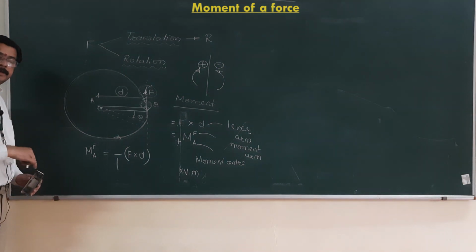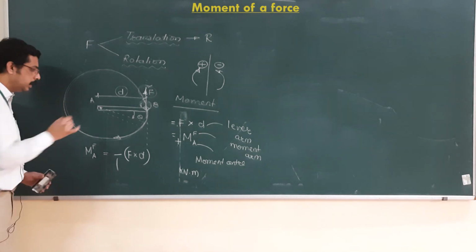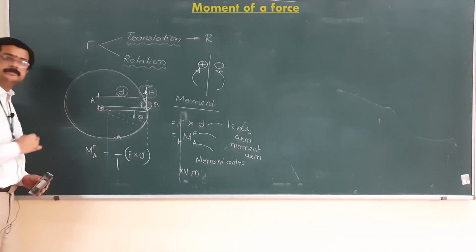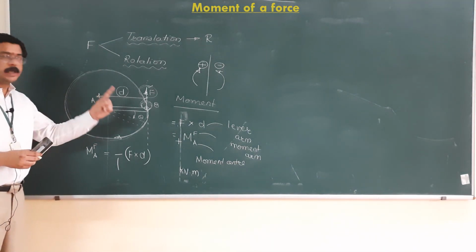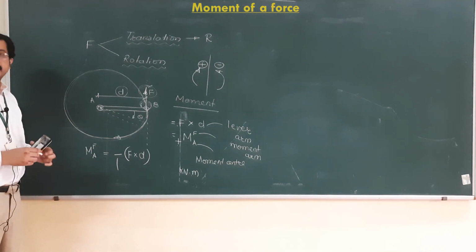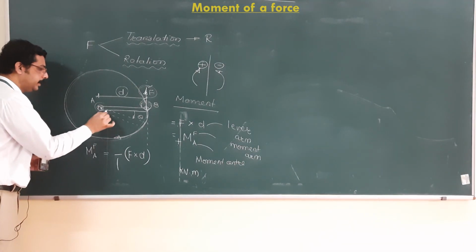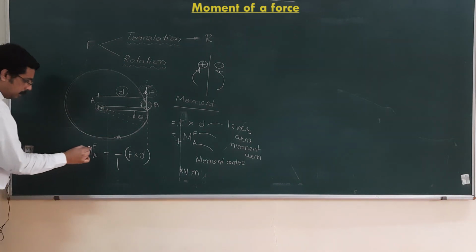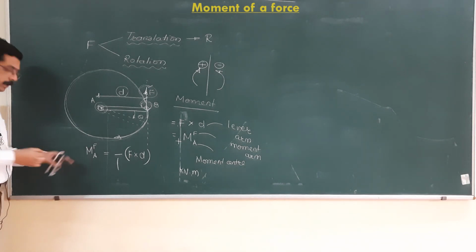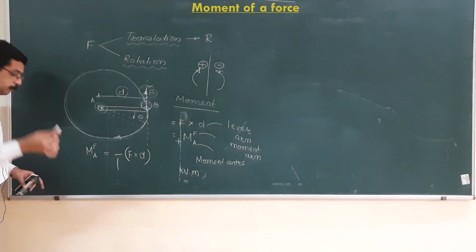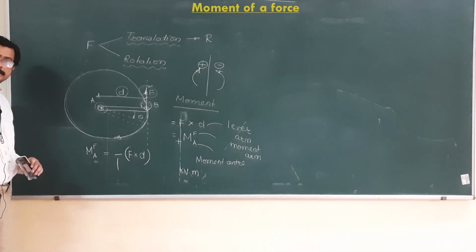Then the point of application of this moment: this rotational effect we are finding out by fixing point A. We have pinned this point on the wall and thereafter found this rotational effect. Hence, its center or point of application will be point A. Therefore, F indicates the force which is creating this much moment, but about which point? About point A. Hence, A is going to be the point of application.